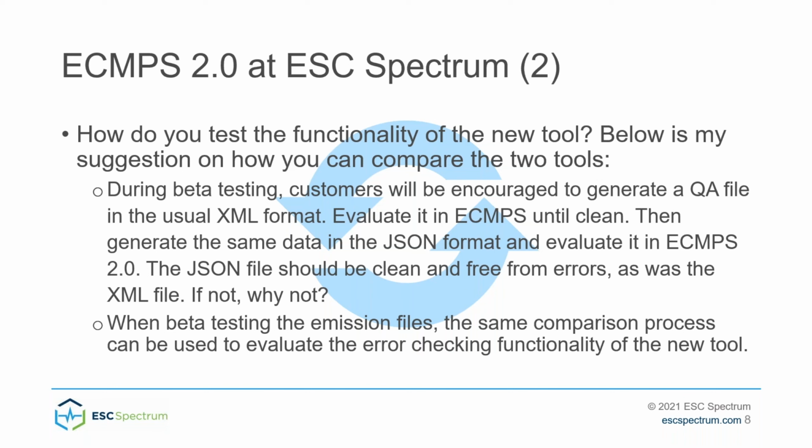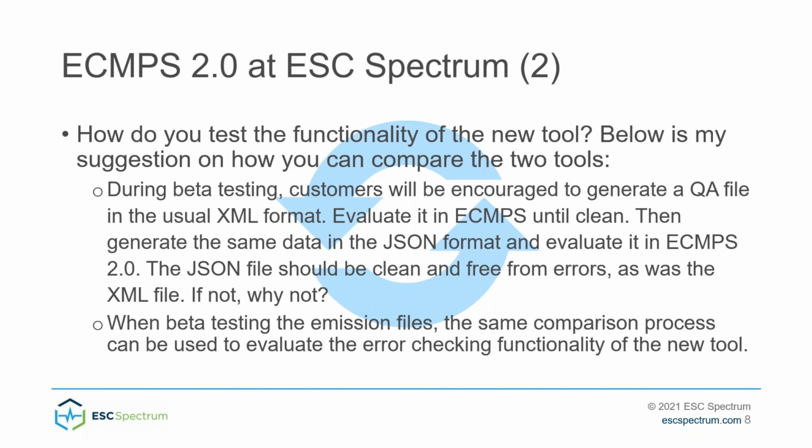And if the two evaluation reports are not the same, then something's amiss between the existing tool and the new tool. And that would give you the opportunity to either figure out what's going wrong or to get back to the development group and find out what's not quite correct. So that's how I think I would do that, at least initially for the QA files.